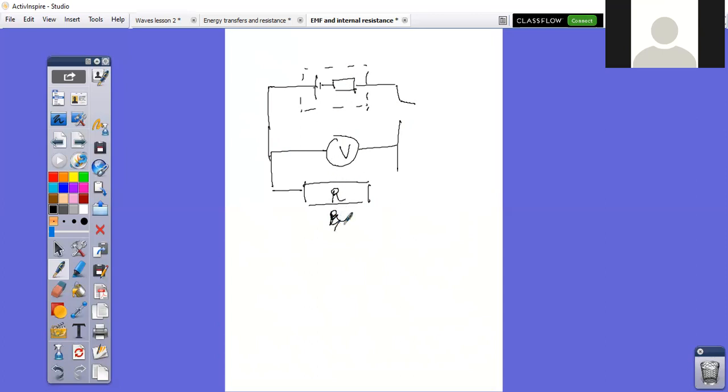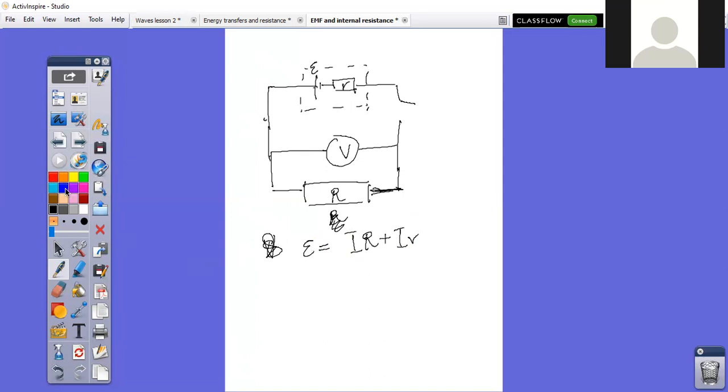Just call this R, and we're going to call this little r, and that's my EMF, and like so. So the first expression we have come up with, if I've got, well, there'll be no current passing through here. So the first expression we got is EMF equals IR plus Ir. I've written it in this expanded form.